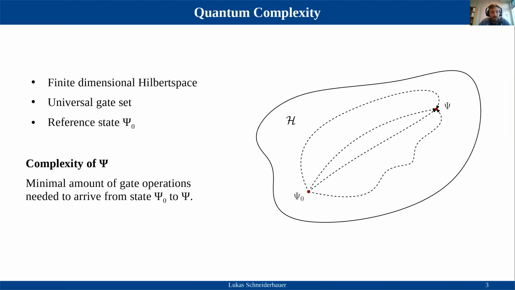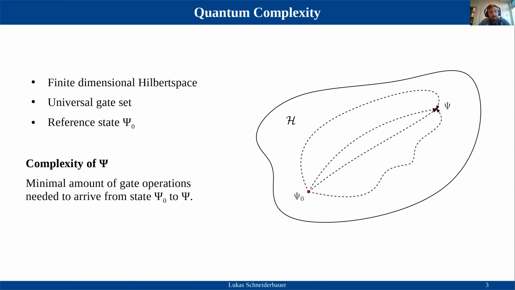So we demand of this gate set that it be what we call a universal gate set, so that we can reach from any given input state, psi naught, any output state, psi, essentially.